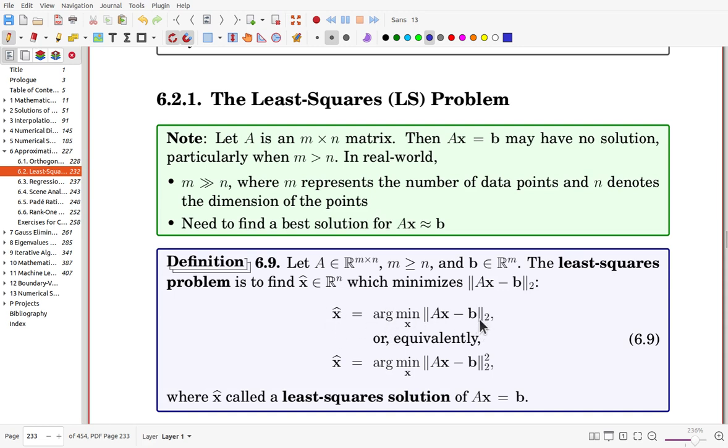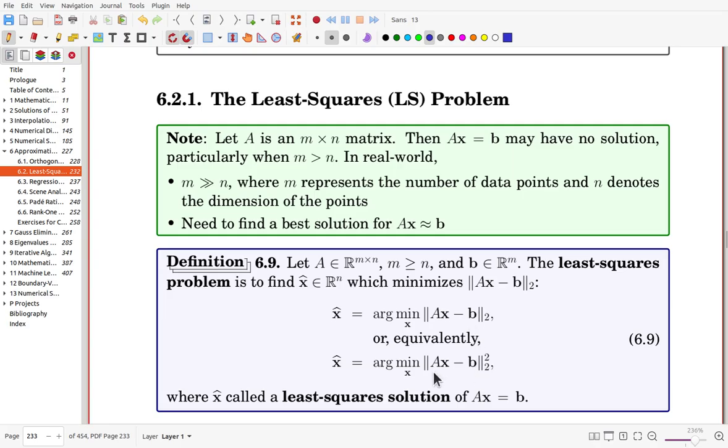Now, rather than the L2 norm itself, we may try to use the norm squared. Mathematically, no problem. Once it is minimized, then its square must be minimized. And if the square is minimized, then this term must be minimized.